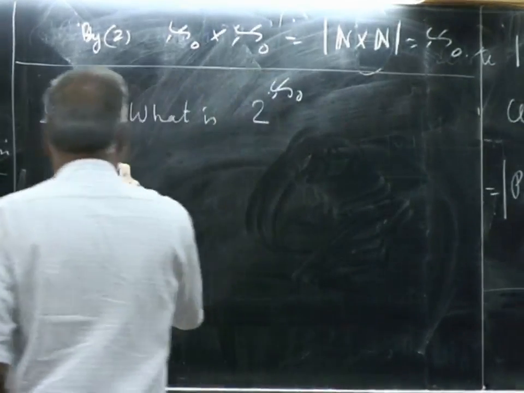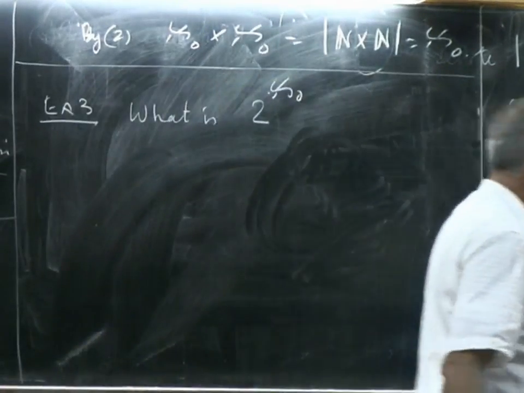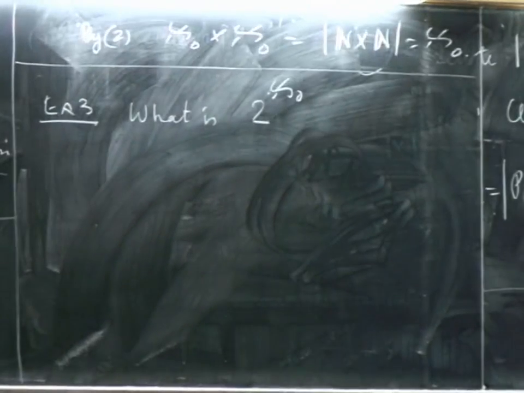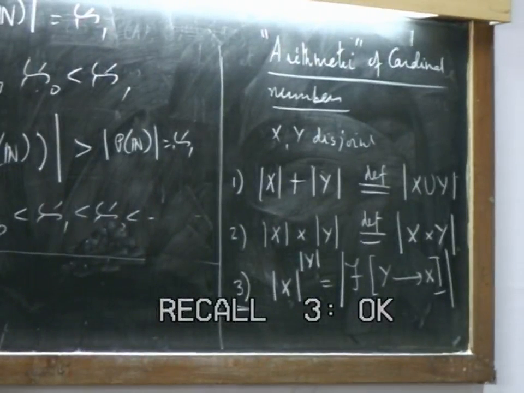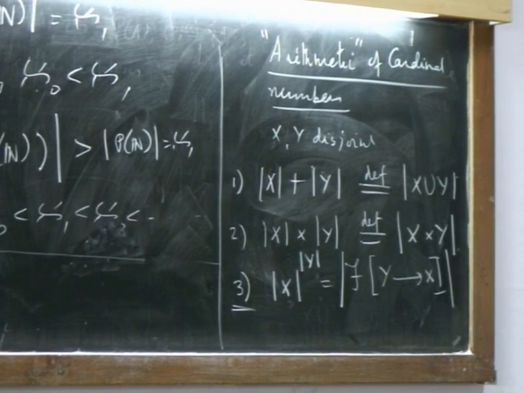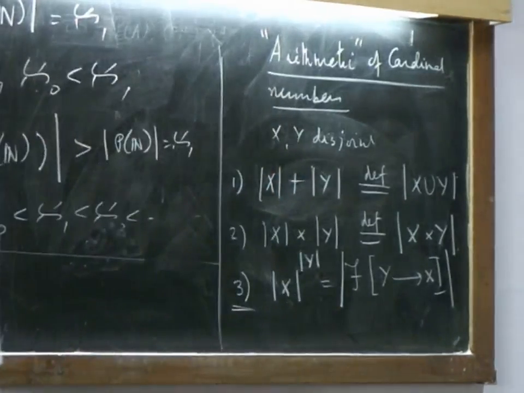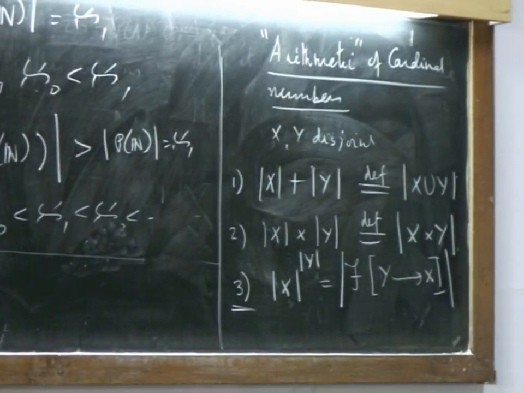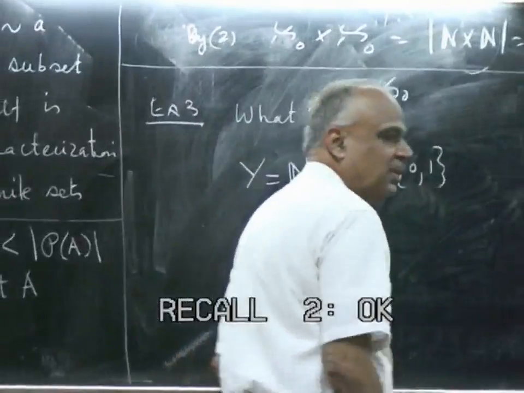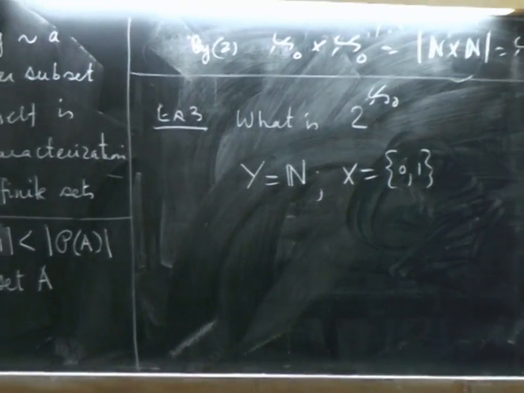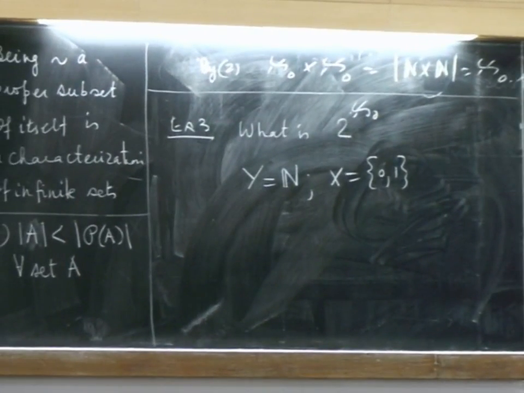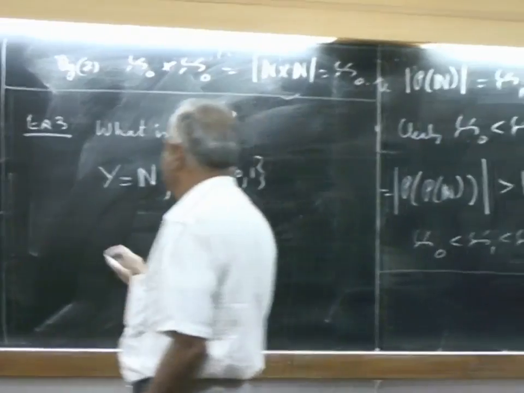So I take y to be equal to N, and for x I take 2 elements, 0 and 1. Now I should look at all functions from N to {0, 1}.